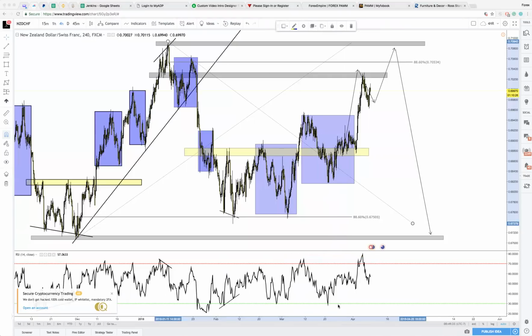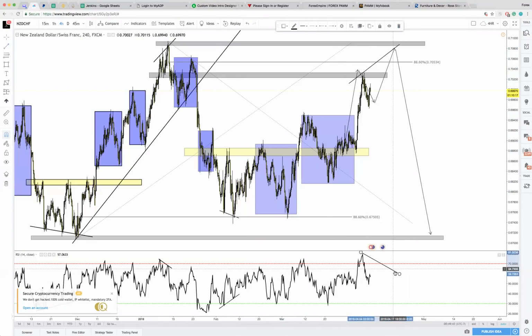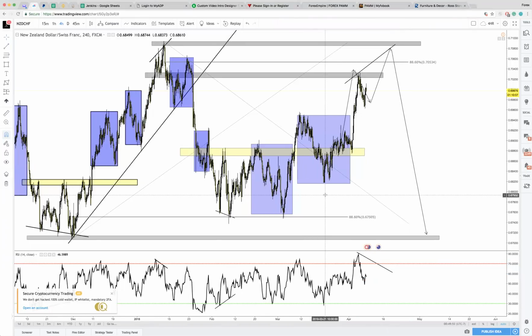We'll wait out for a nice divergence to form right about here, okay, and right about there. So the price will go right here and then drop, okay. All right, now NZD CHF, it's going to be a nice sell for the M structure, okay.